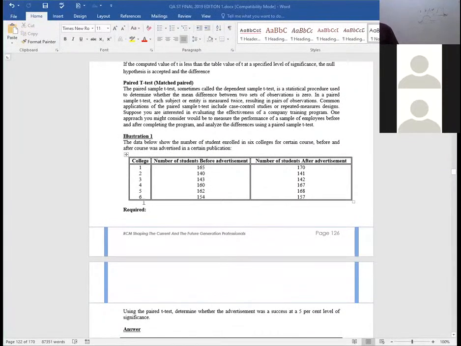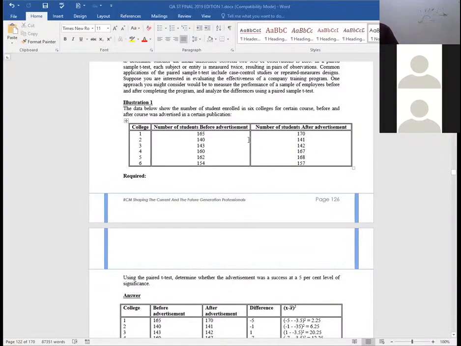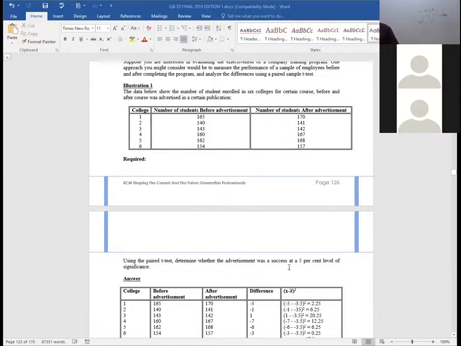So we have the colleges 1 to 6, number of students before advertisement, and number of students after advertisement. We want to know whether the advertisement was effective or not. Using the paired t-test, determine whether the advertisement was a success at 5% level of significance.